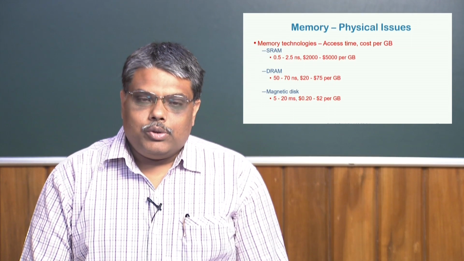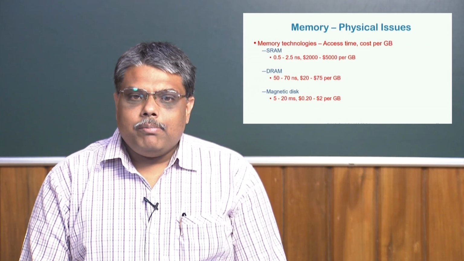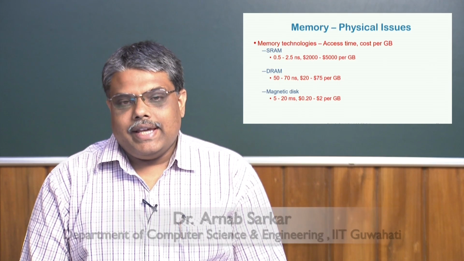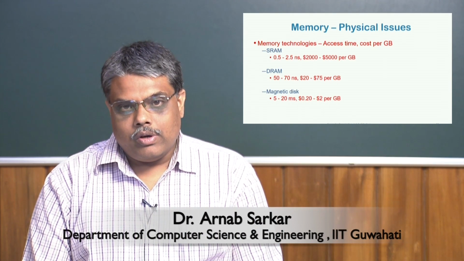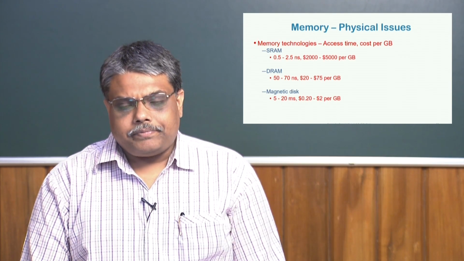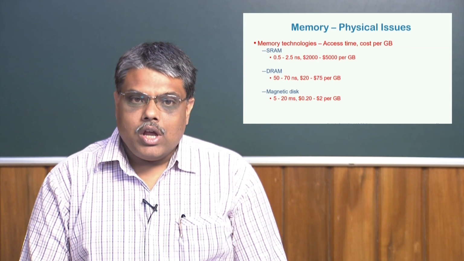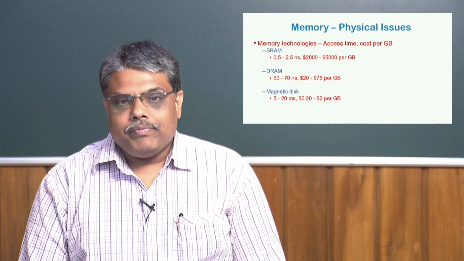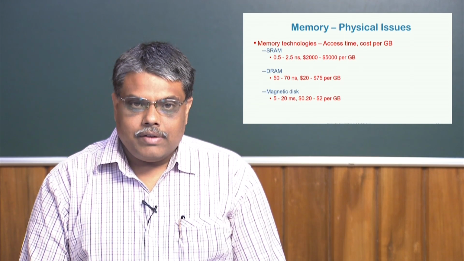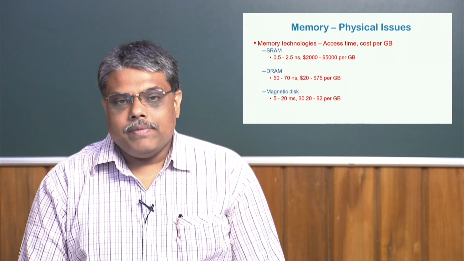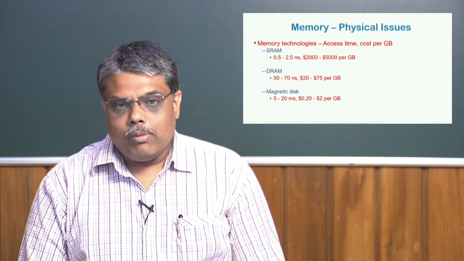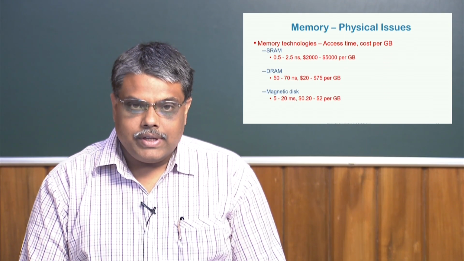Unit 1 Part 2. We ended Part 1 of Unit 1 by saying that we have different memory technologies which vary in terms of their access times and cost per GB. For example, we said that SRAMs are very fast, with an access time of about 0.5 to 2.5 nanoseconds.